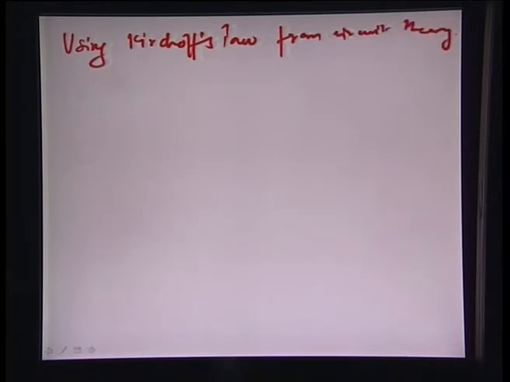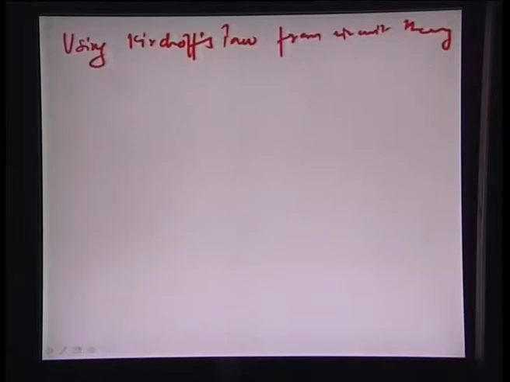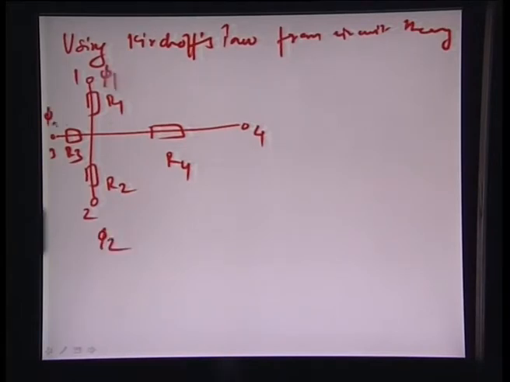And what this also says is that if we were to assume that there were several currents here, I1 to I4, and let us draw this network again for convenience. So we have 1, 2, 3, 4 and resistances R1, R2, R3, R4, and also potentials phi 1, phi 2, phi 3, phi 4.